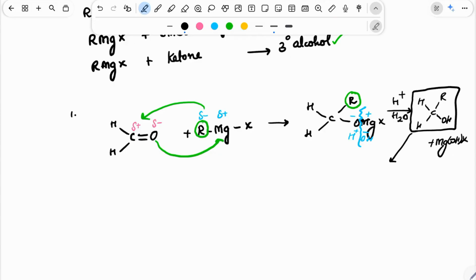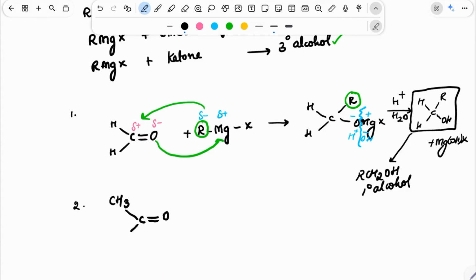Along with this, we get MgOHX as the additional product. So look at this one. It is our primary alcohol, RCH2OH. Right?